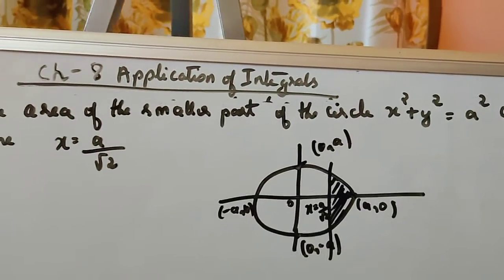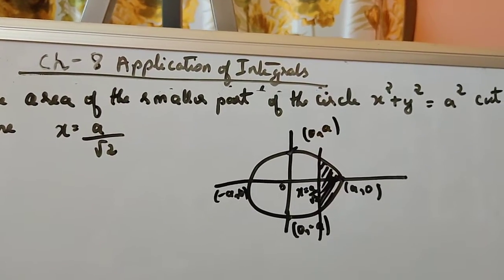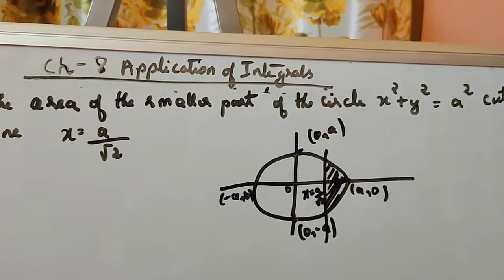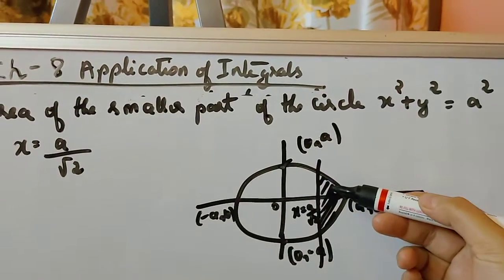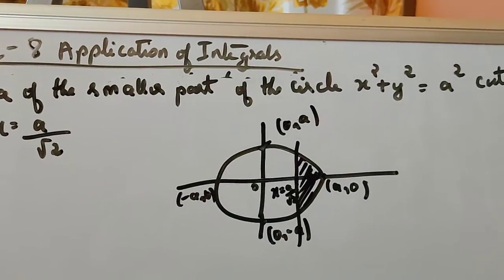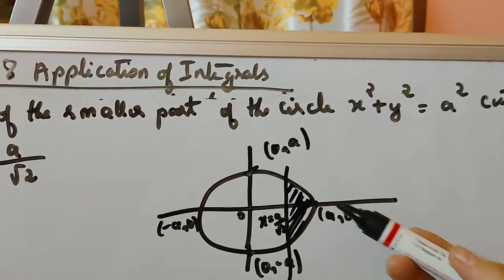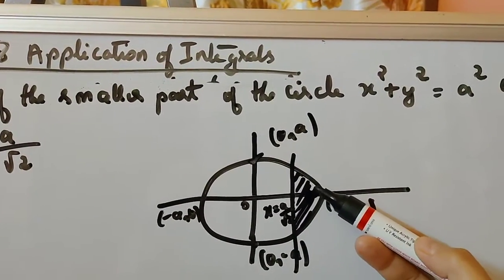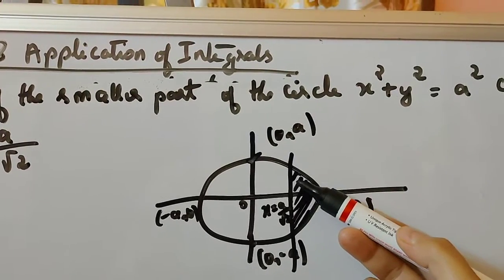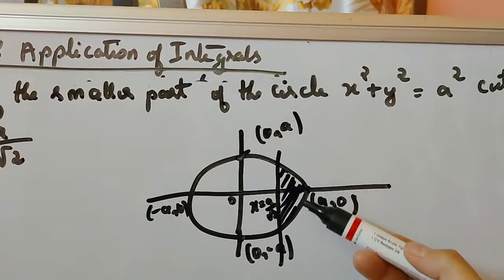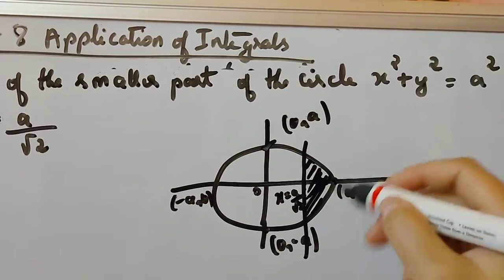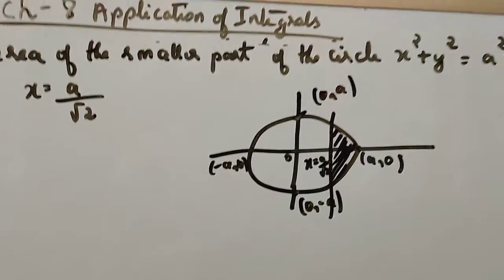The question didn't say for the x-axis or for the first quadrant or second quadrant. When nothing is mentioned, you are going to consider the whole area. Previously we used to consider only this half part, only the part given in the first quadrant, suppose. But here nothing is given, so we are going to consider all the area.